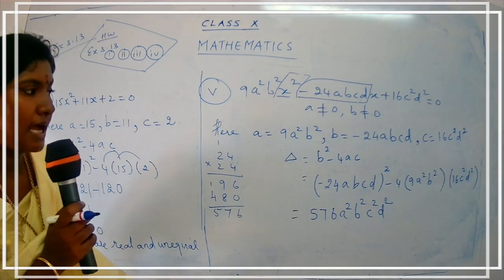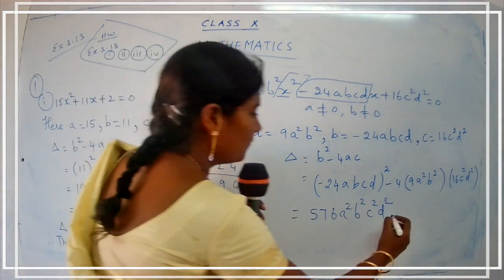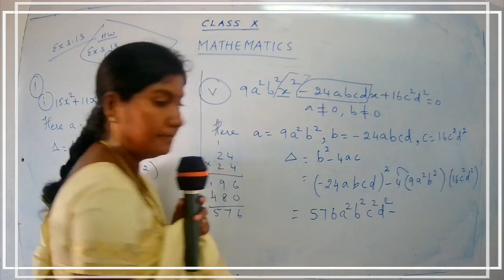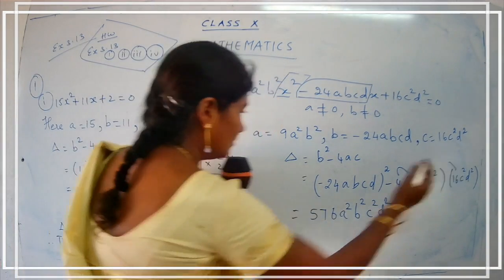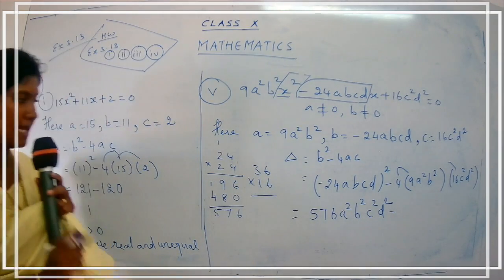Okay. Now let's come to the next multiplication part. We have a sign here, minus. Let's multiply all the numbers first. 4 9s are, yes, 36. And you have to multiply by 16. So 36 into 16. Multiply and get the answer, children.